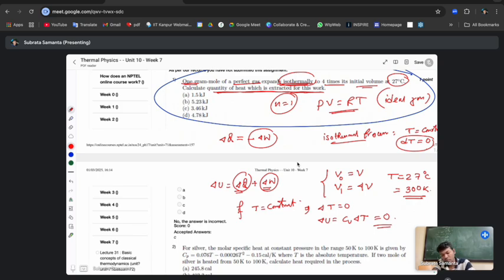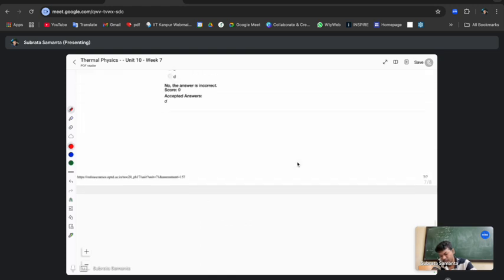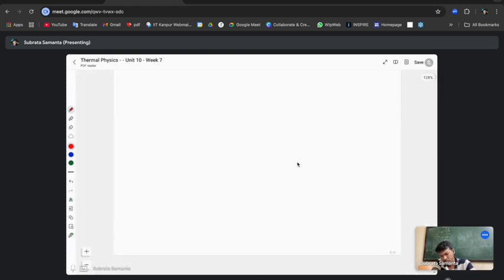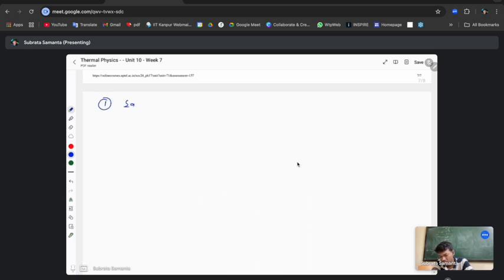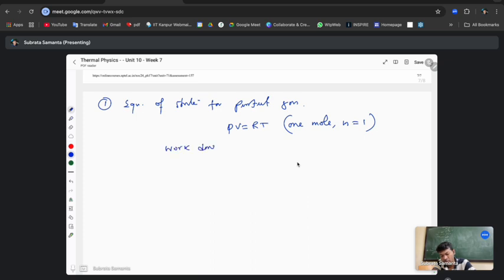Let's discuss in detail. For an isothermal process, the equation of state for a perfect gas is PV equals RT for 1 mole, where N equals 1, and the work done W is the integral of P dV.